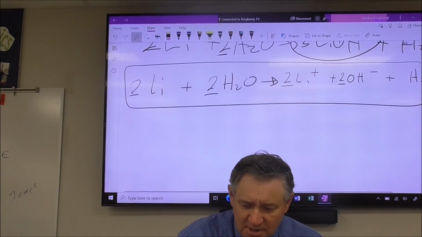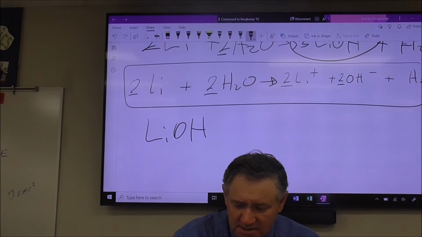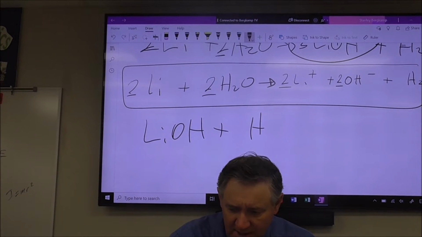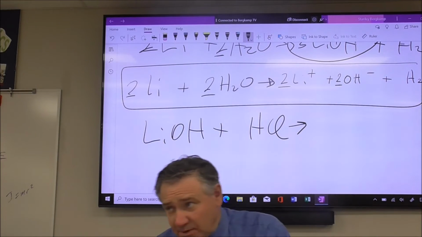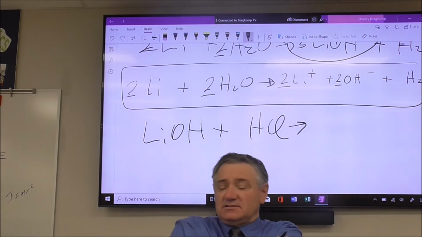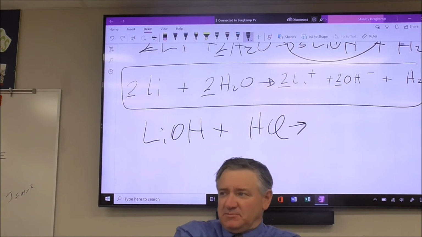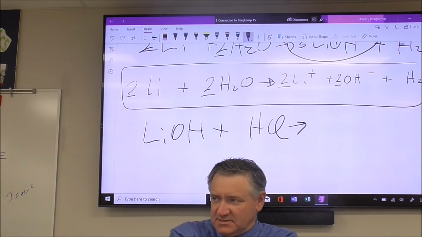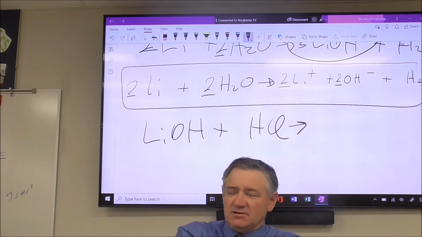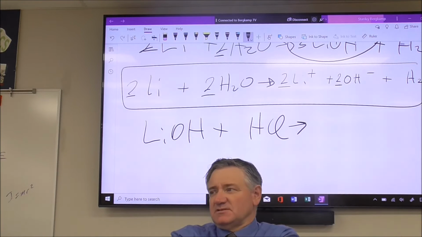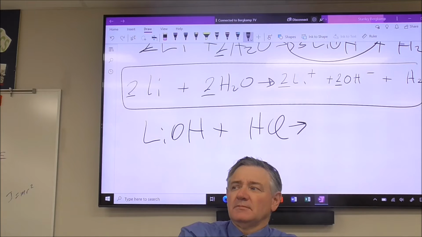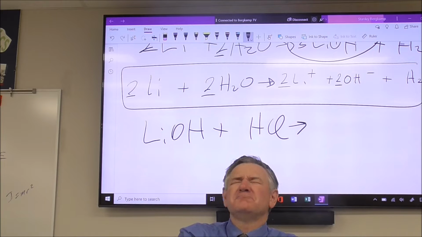So the lithium hydroxide is going to begin to react with the hydrochloric acid. Now, what type of reaction is this going to be? Grace, I got lithium hydroxide and hydrochloric acid. Single displacement, double displacement, decomposition, combustion, synthesis. Double. Beautiful.